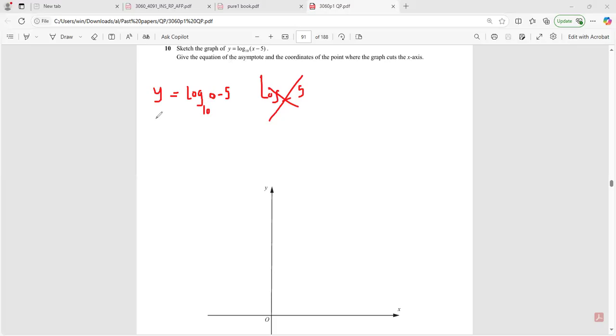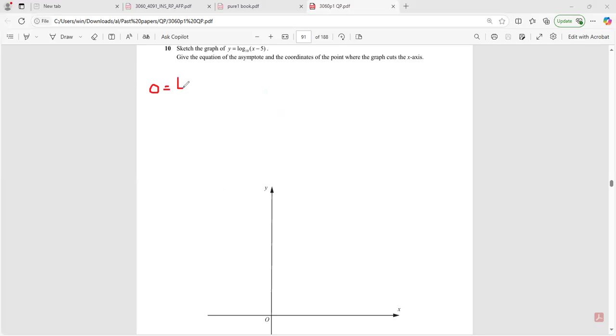So we're going to try the x-intercept. It must have one: if it doesn't have an x-intercept, it must have a y-intercept; if it doesn't have a y, it must have an x.